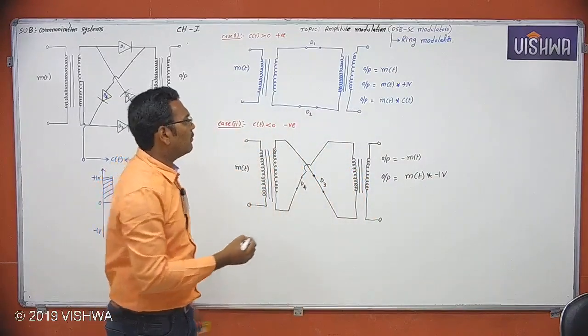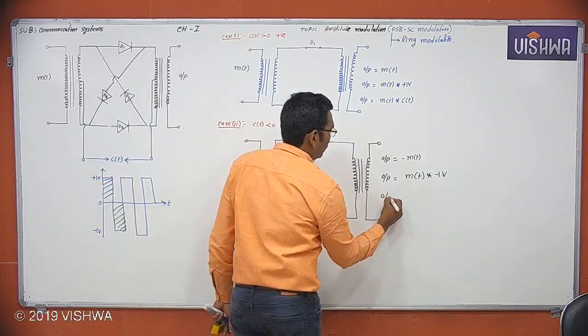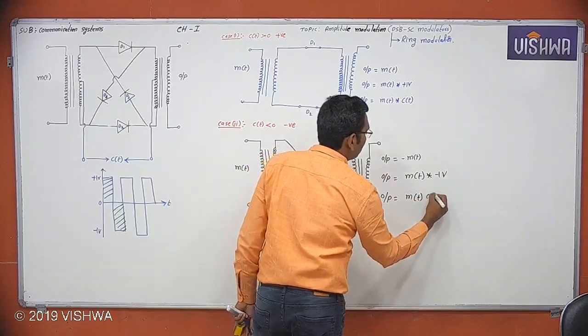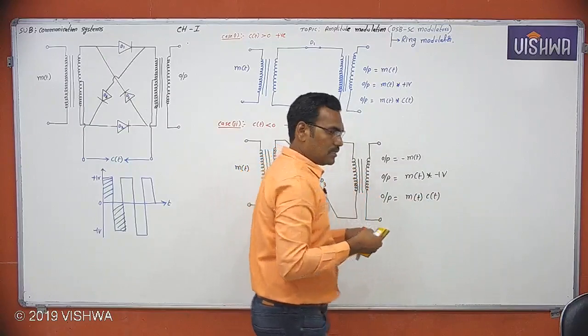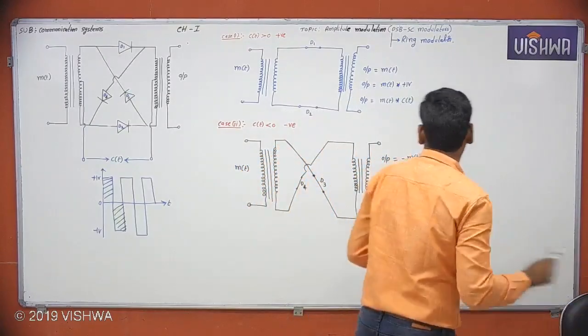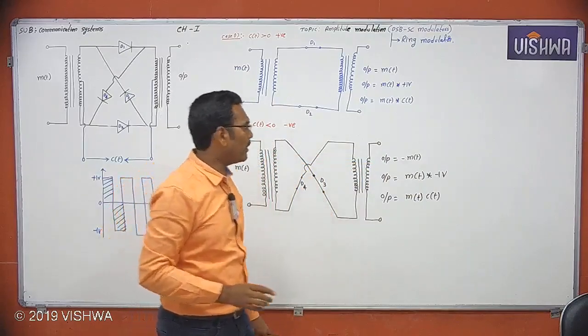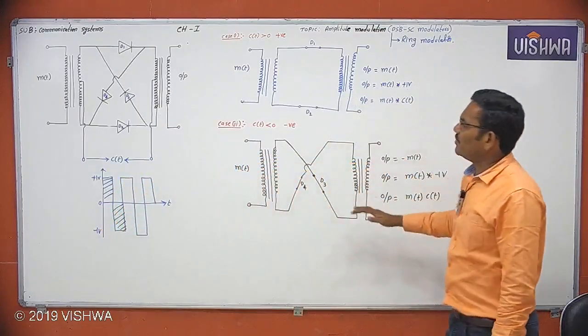Yes. Therefore, now this is output which is equal to M of T, now this is minus 1 volt because of the carrier voltage. So this is nothing but a DSBSC signal or not? Yes, this is message and carrier. Message and carrier is multiplied. Now which is nothing but a DSBSC signal.